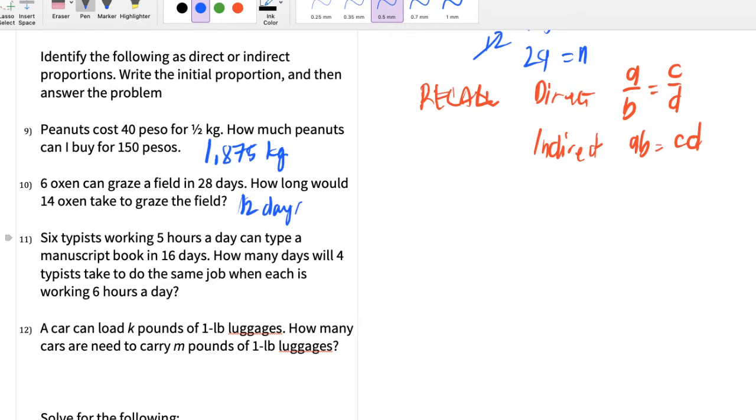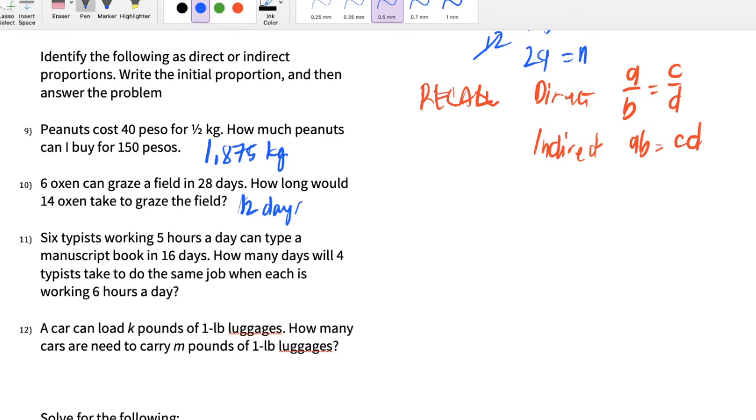So, meron tayo ditong 5 hours and dito naman, 6 hours a day yung time na nag-work yung each typist. So, paano yun? To solve this, ang gagawin natin would be, so again, indirect to, diba? So, 6 typists working 5 hours a day can type a manuscript in 16 days. So, instead of comparing yung days mo, ang gagawin natin would be hours.